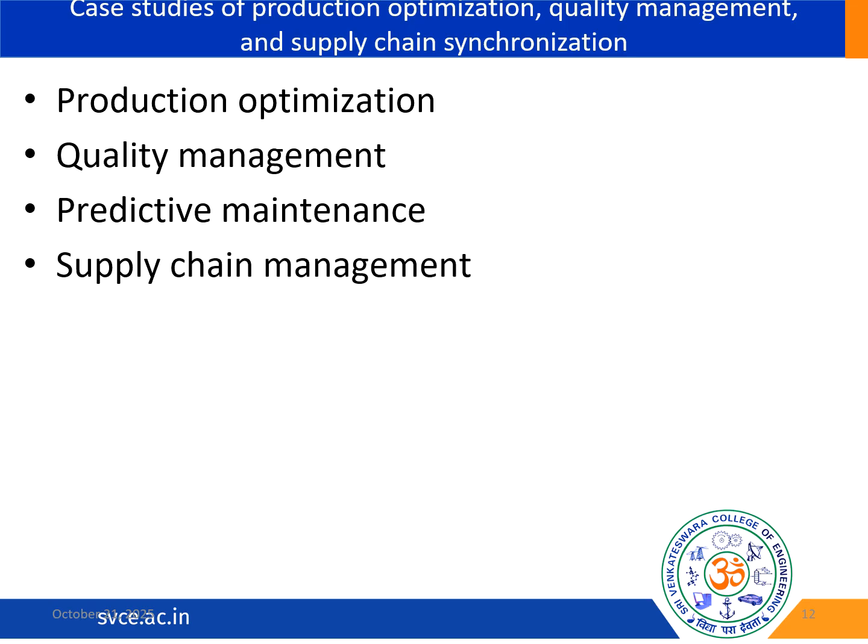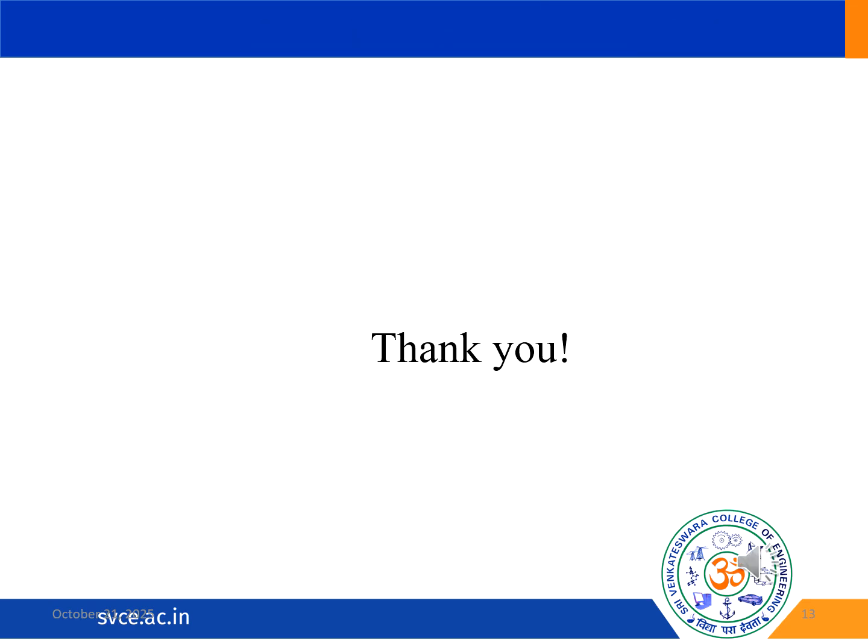Integrating the MES and ERP systems allowed a global automotive company to reduce inventory holding cost by 15% by aligning raw material purchases with actual production needs. So this is about the case studies of different use cases based on production optimization, quality management, and supply chain synchronization.